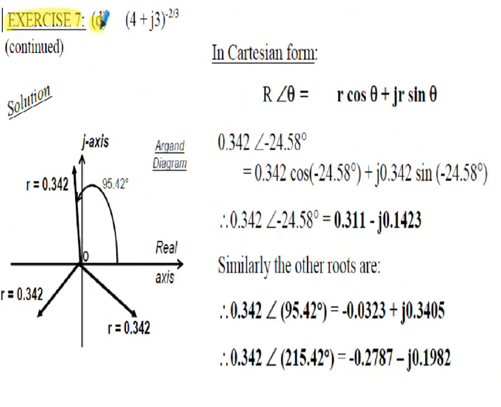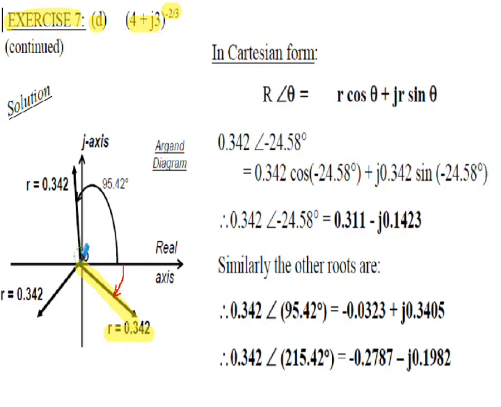Exercise 7D continued. We're solving 4 plus j3 in a bracket, all raised to the power of negative 2 divided by 3. From the previous slide, our first solution is shown here: the phasor R is equal to 0.342 magnitude at an angle of negative 24.58, which is the angle shown here in this direction, clockwise from the real axis.